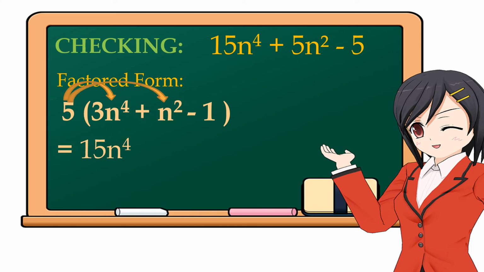Then 5 multiplied by n squared is equal to 5n squared. And 5 times negative 1 is equal to negative 5. So meaning 15n raised to the 4 plus 5n squared minus 5 is equal to 5 times the quantity 3n raised to the 4 plus n squared minus 1.